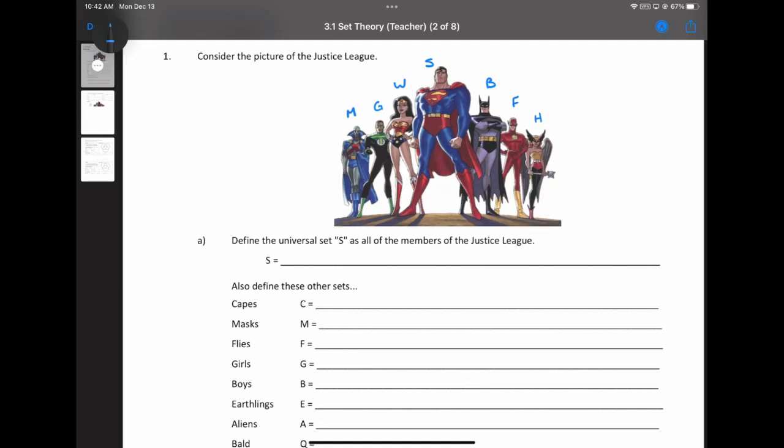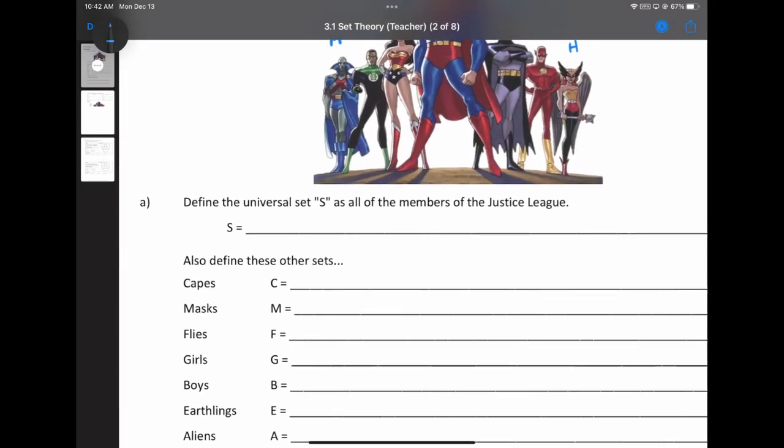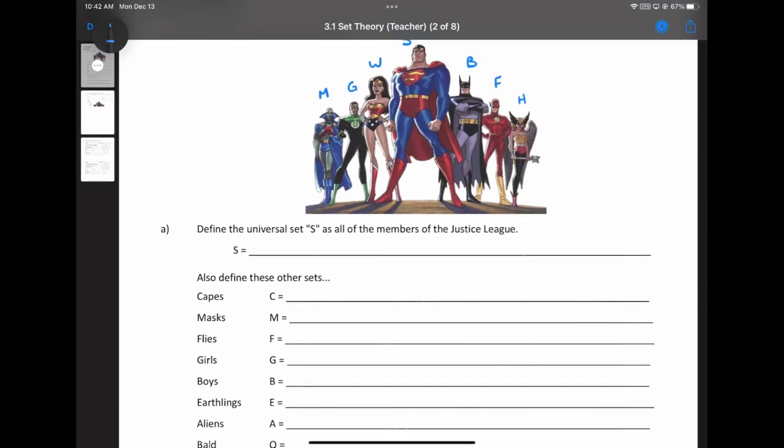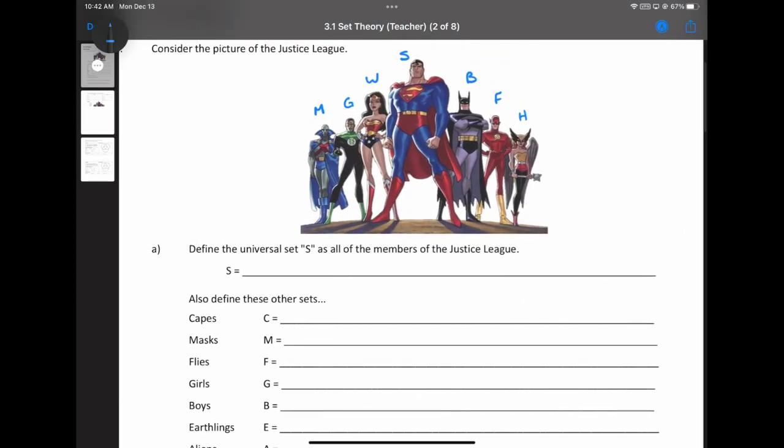So to actually write out what the universal set S is, we're going to start by putting squiggly brackets. I'm actually just going to blow this up a little wee bit so it's a little bit easier to see. And do the best you can to draw your squiggly bracket. I realize mine just looks like a random nothingness. Looks like I just started scribbling from the top, and it's close enough.